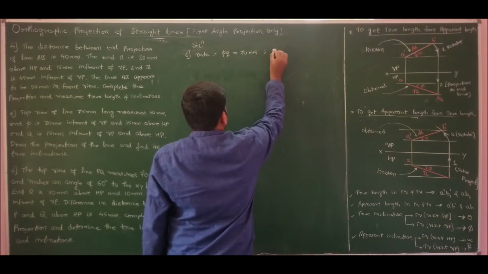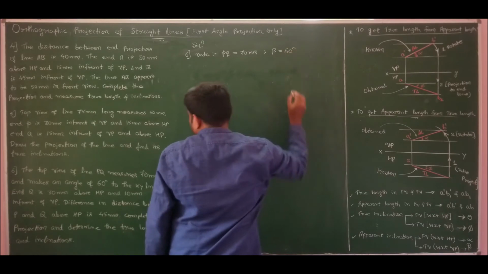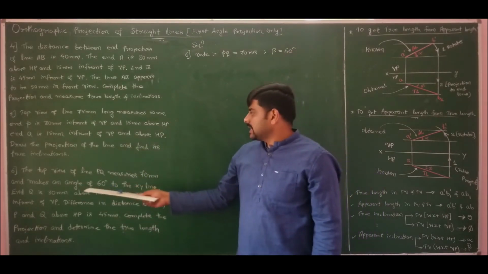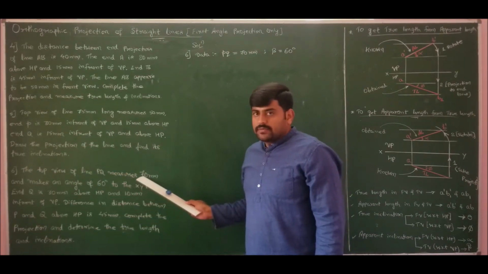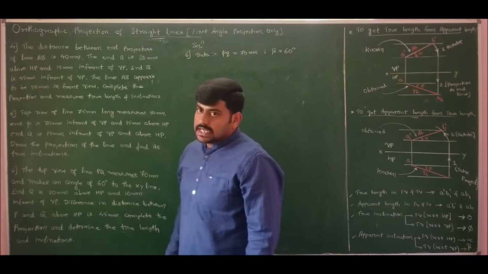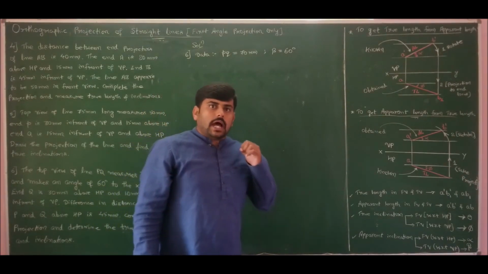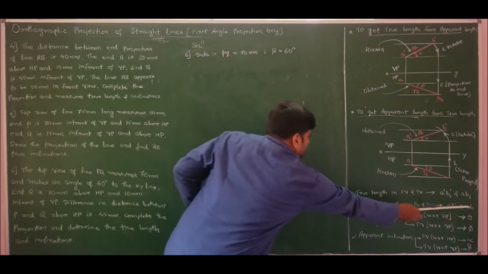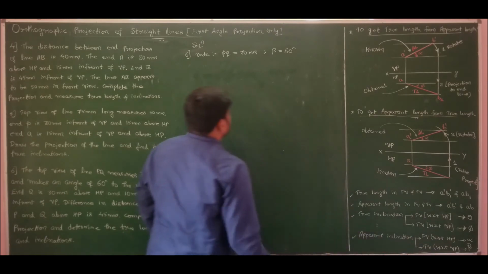Apparent inclination in top view is 60 degree. So the top view angle and dimension are given. Since it is clearly stated that it is measured in top view, it is an apparent dimension in top view. Apparent length in top view is AB and apparent inclination in top view is beta.